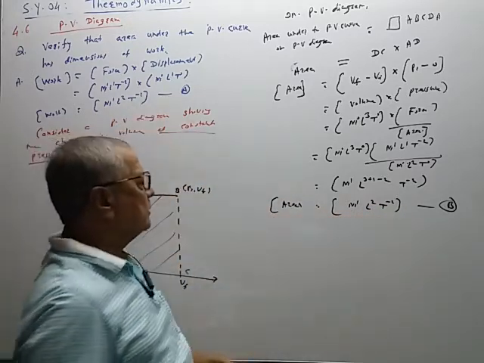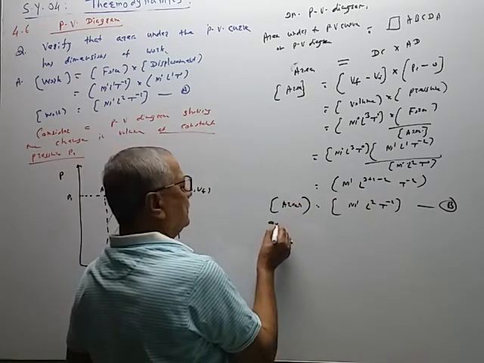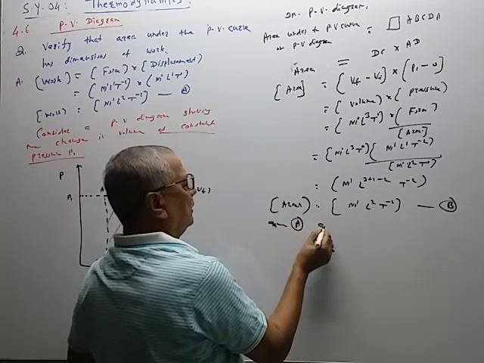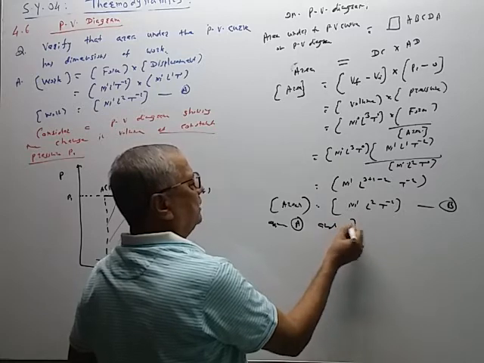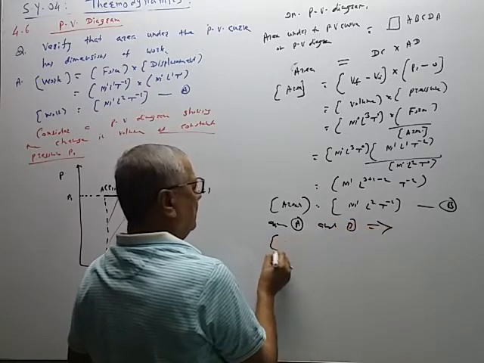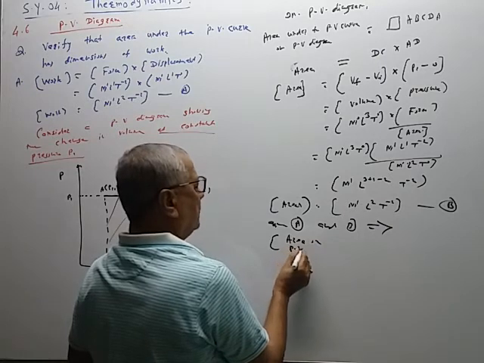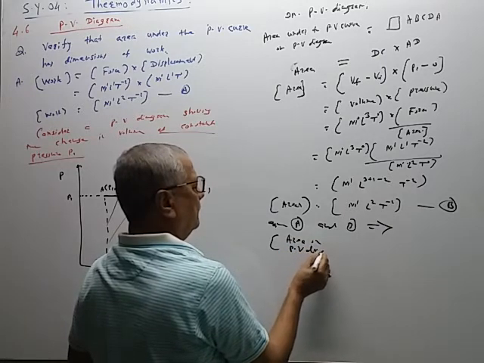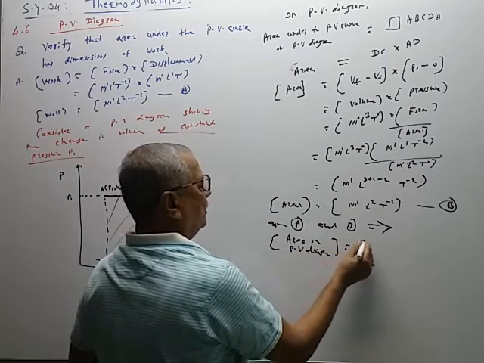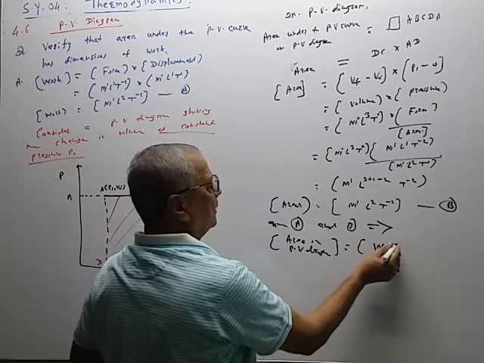So right hand side is the same. So equations A and B show that dimensions of area on the PV diagram is equal to dimensions of work done.